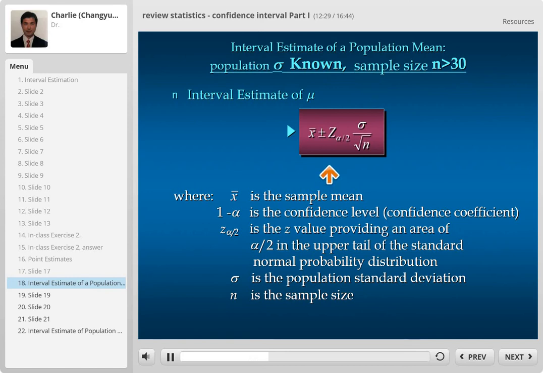The interval estimate of the population mean mu equals x bar plus minus z sub alpha over 2 times sigma, which is the population standard deviation, divided by the square root of n, the sample size. So in the notation, n is the sample size, sigma is the population standard deviation, and 1 minus alpha is the confidence level.